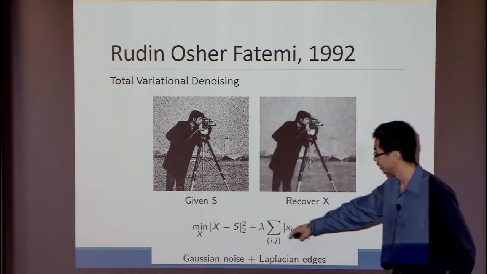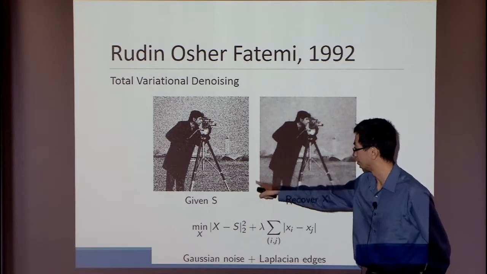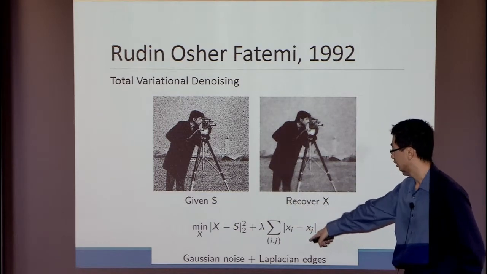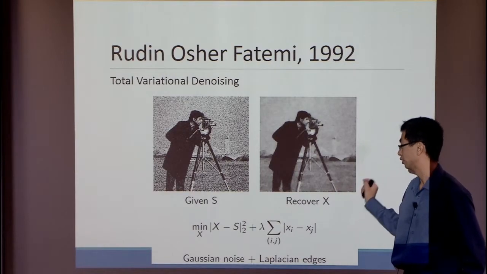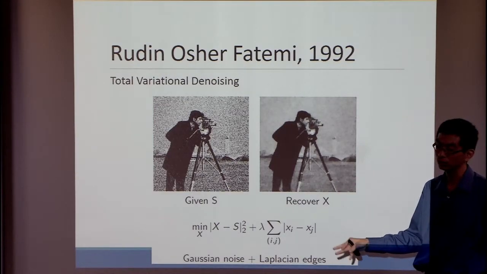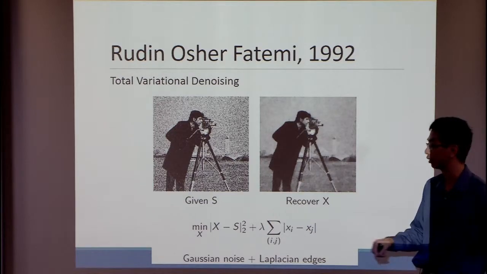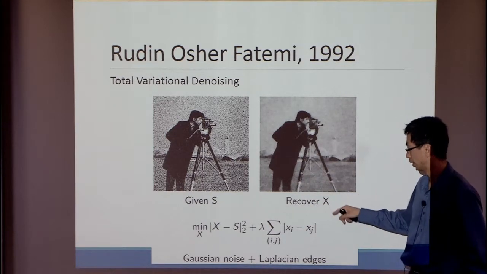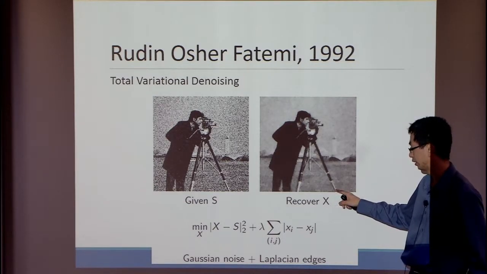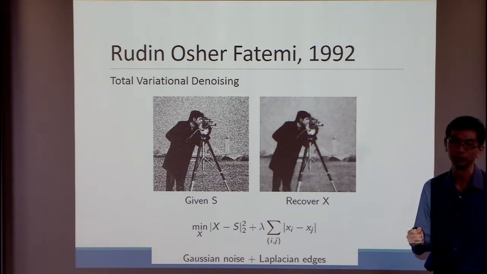It's the square of the 2-norm of the difference and the absolute, or the 1-norm, of the recovered pixel difference. What this translates to is you're applying a Gaussian noise prior, and you're having a prior that the edges have a Laplacian distribution.